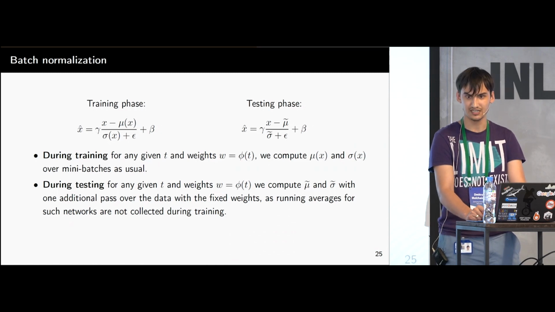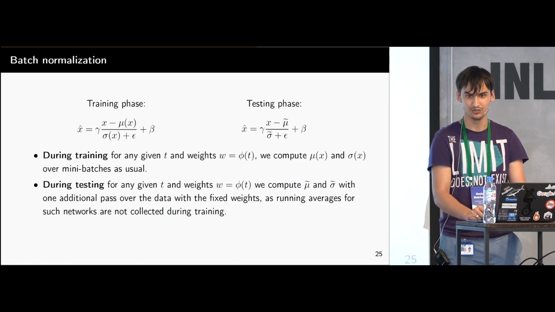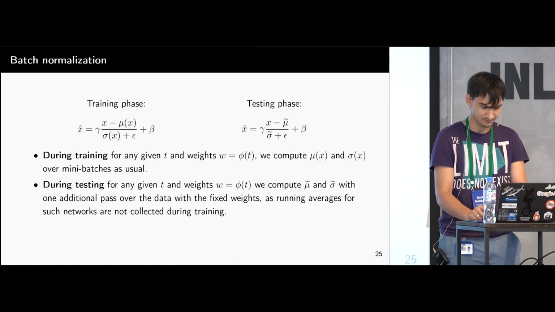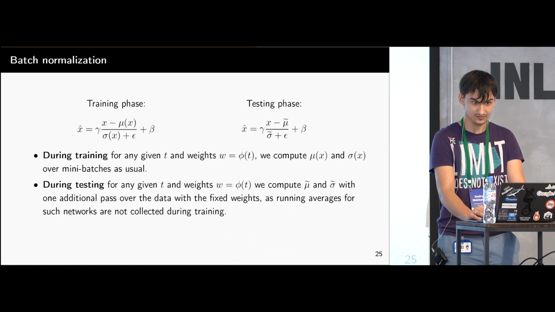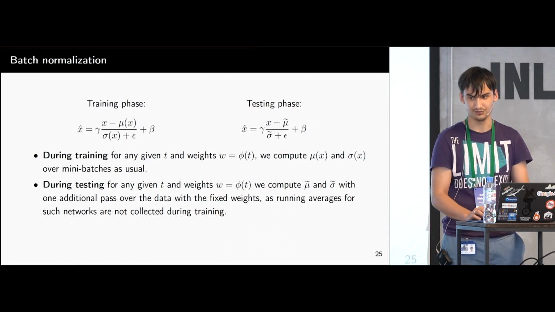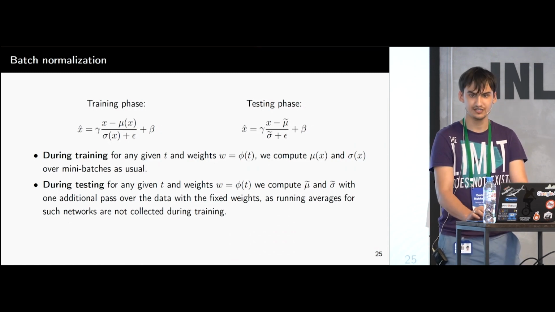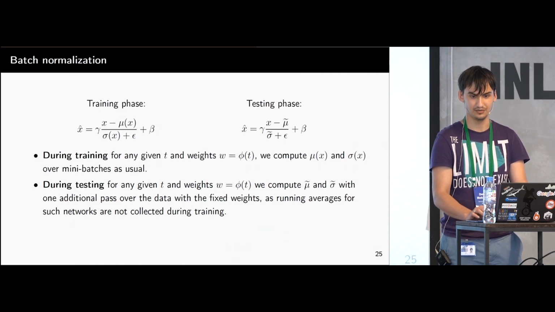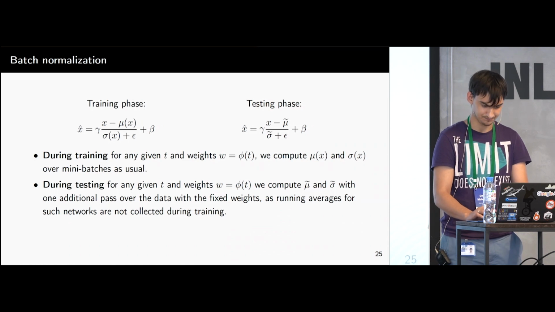And during test time, for any point on the curve, you would need to compute them separately. So for now this can't be avoided; the only way to do it is just to compute them straightforwardly. And during training, it does not matter because batch norm in the training phase just takes mini-batch statistics, which works the same way for any given weight.